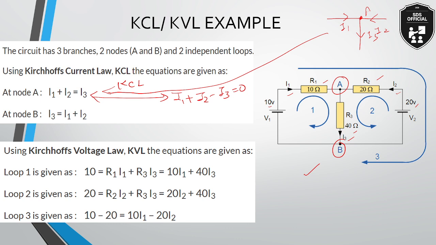Okay. Similarly, for node B, I3 is approaching, I1 is leaving, I2 is also leaving. So if we apply KCL, the expression will become I3 is equal to I1 plus I2. Any doubt?